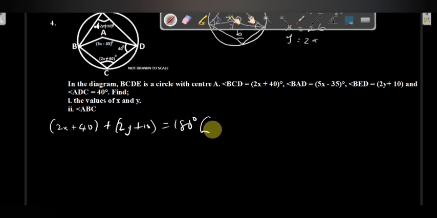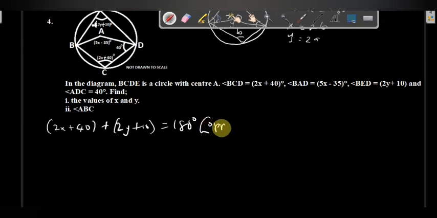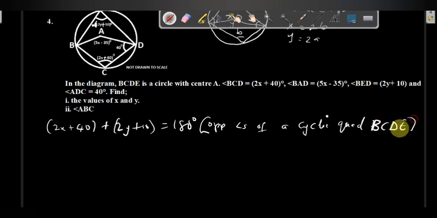Let's state the reason: opposite angles of a cyclic quadrilateral BCDE.